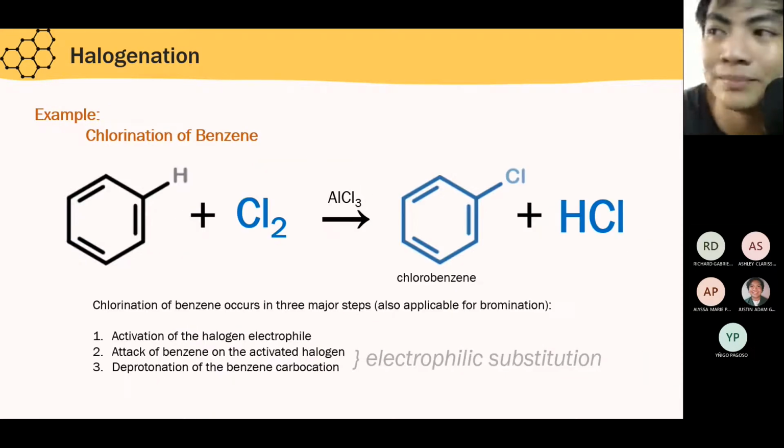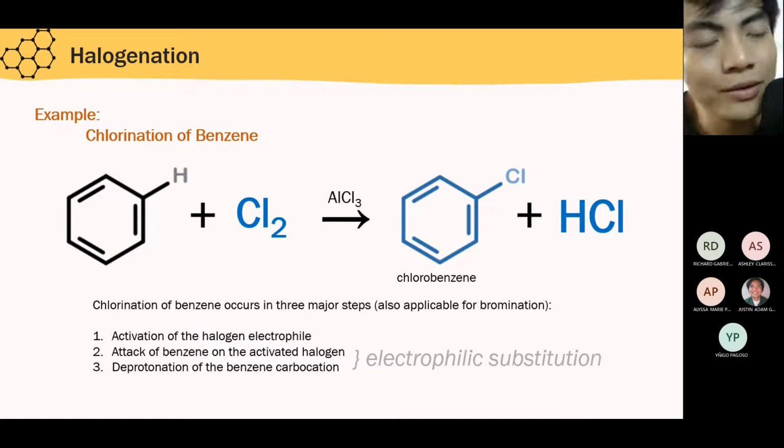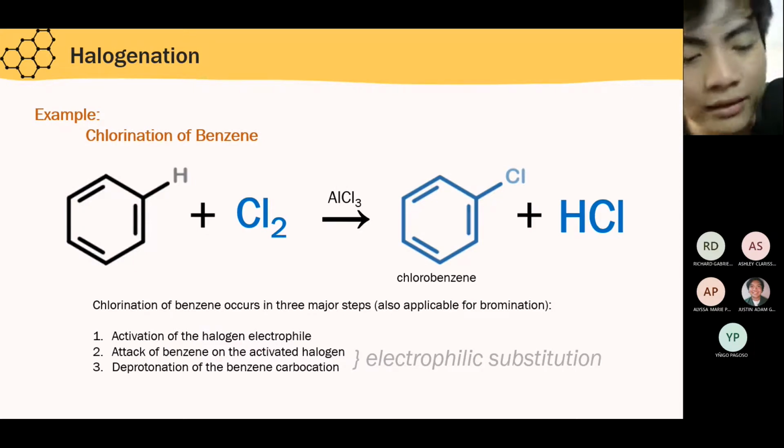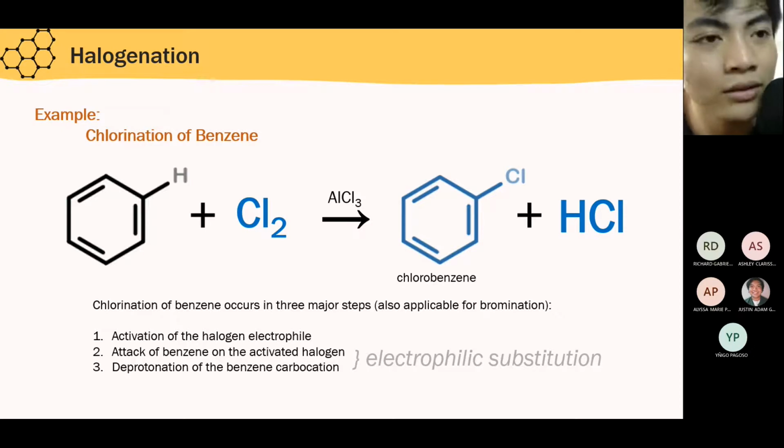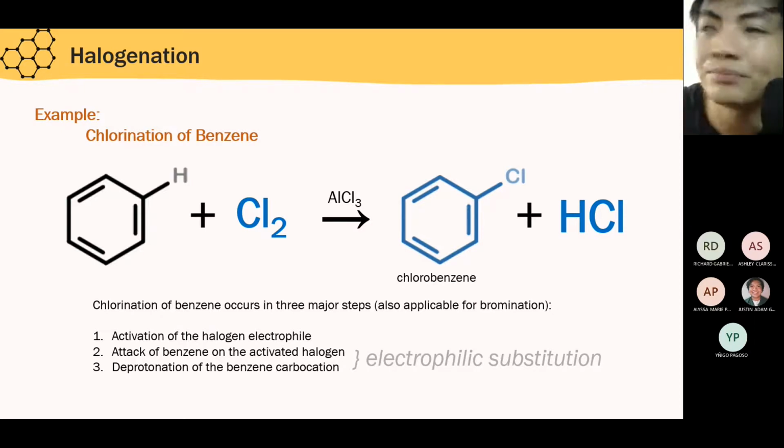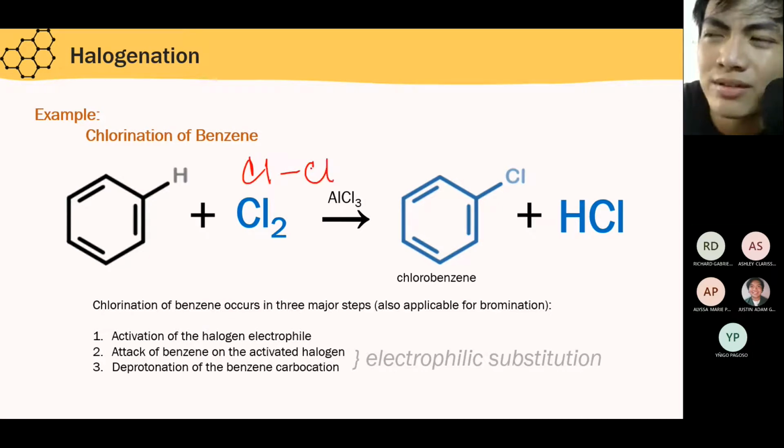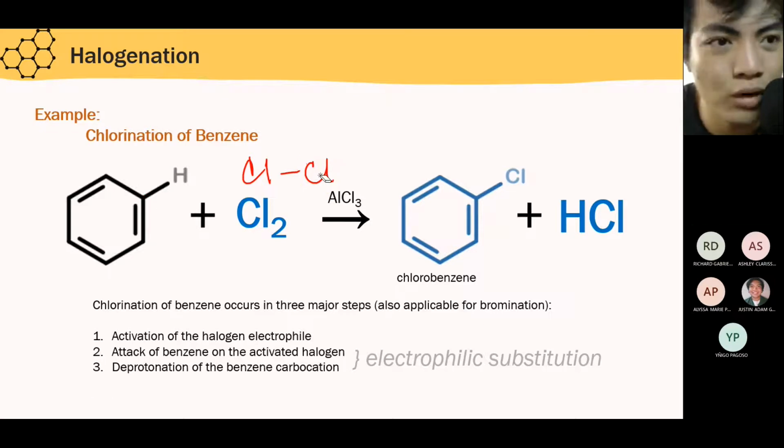Pakita uli natin to. So, you have your chlorine molecule reacting with benzene ring. It will produce a chlorobenzene and hydrochloric acid. Okay? So, always think na yung Cl2, yung isa papalit dito, tapos yung matatanggal na to, kakabit doon. Okay? So, yan yung ating products.